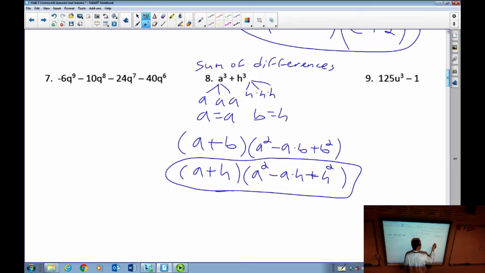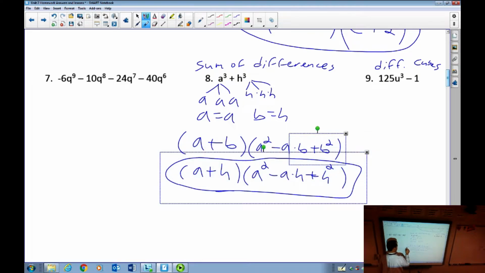Now number 9, actually using numbers this time. Your A and your B, and this is called the difference of cubes now. Let's make a note of what that formula is. This was the sum of cubes formula.